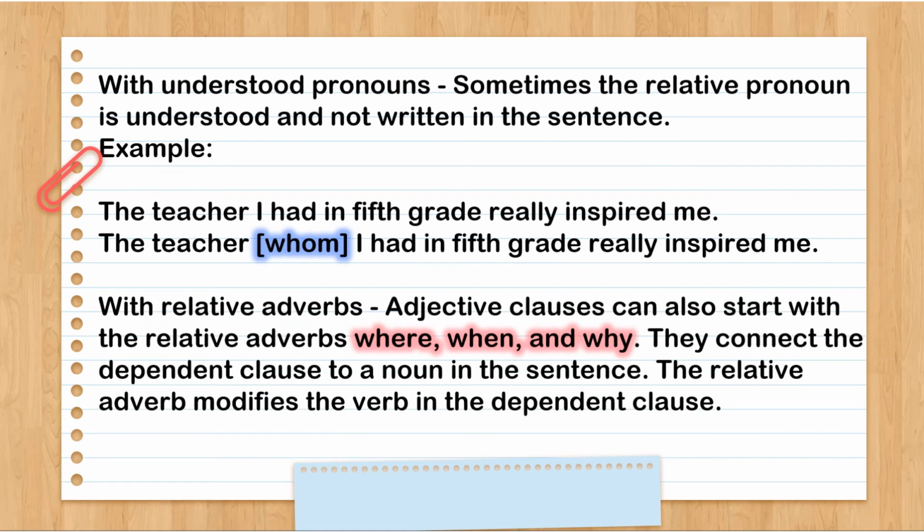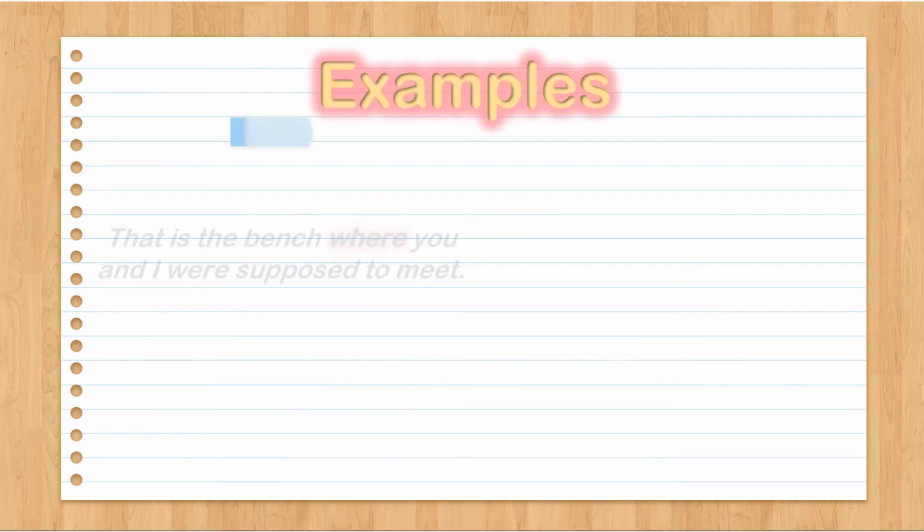With relative adverbs, adjective clauses can also start with the relative adverbs where, when, and why. They connect the dependent clause to a noun in the sentence. The relative adverb modifies the verb in the dependent clause. Let's see some examples.